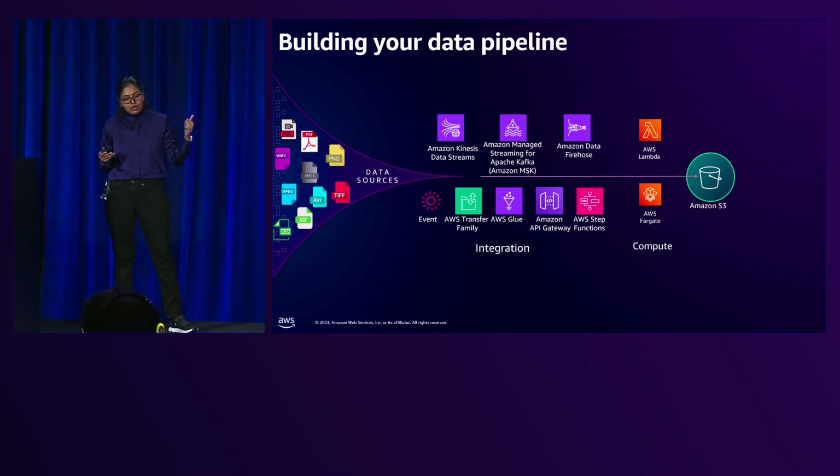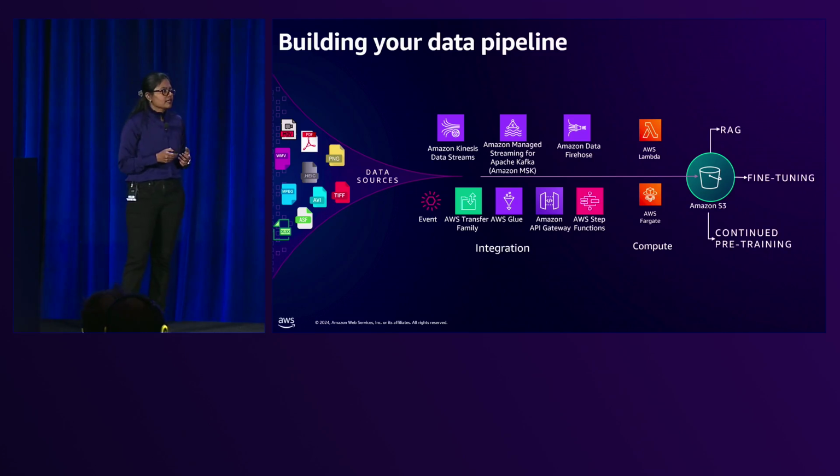I have highlighted here a few services that you should have in your toolkit every time you're integrating with data. Once you have your data in the data foundation, you can make it accessible to others. You can put guardrails on it. You can use it for advanced generative AI techniques, such as continued pre-training, fine-tuning, and retrieval augmented generation, or RAG.